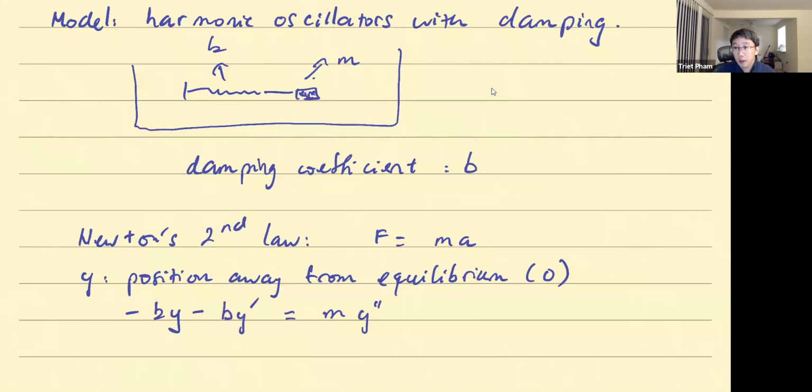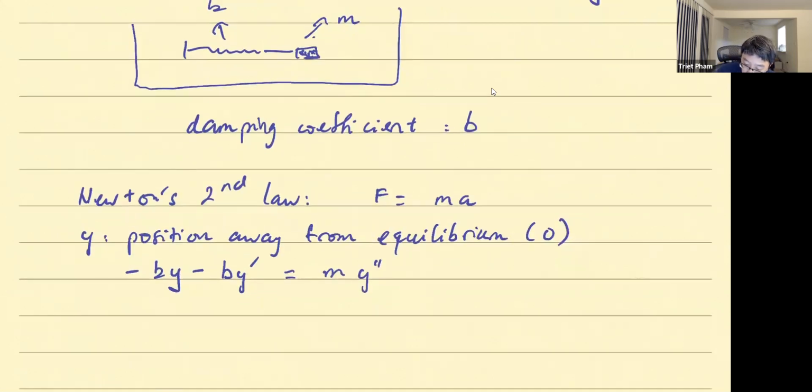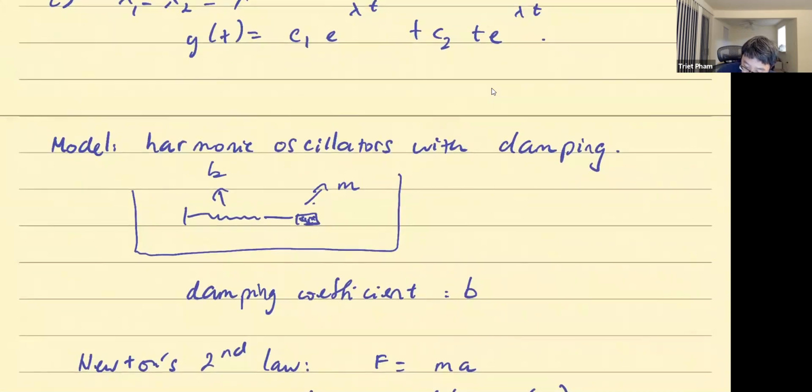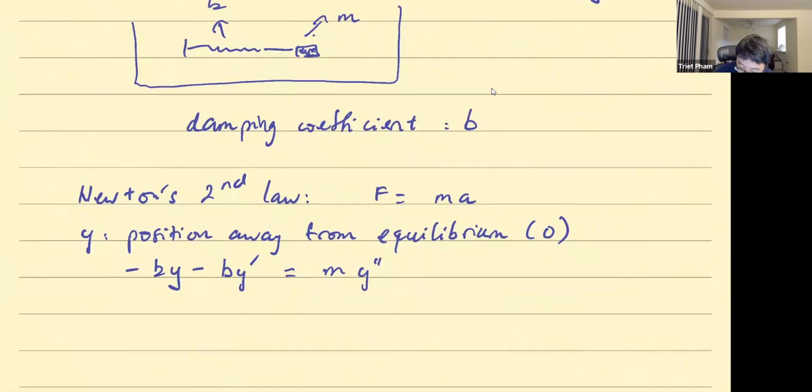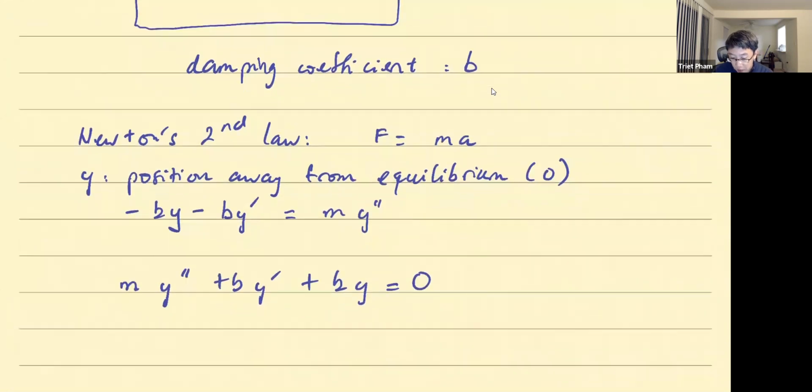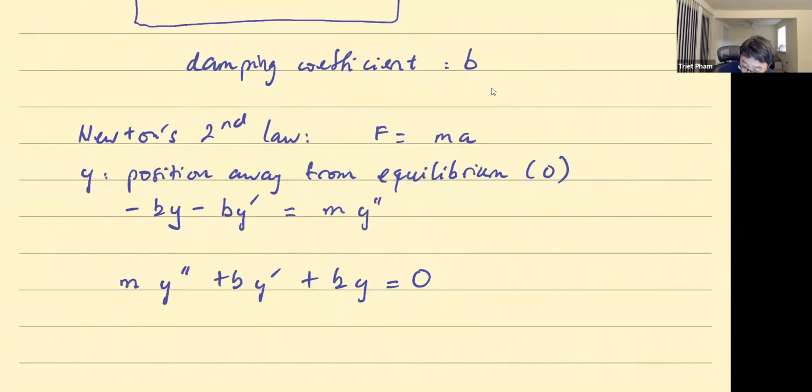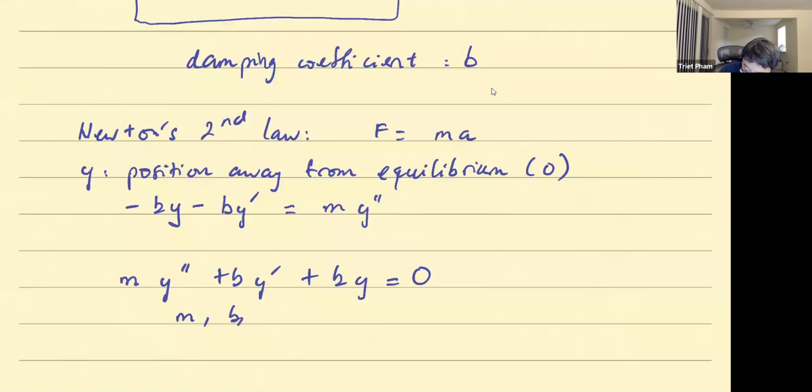Okay. So all in all, the model for harmonic oscillators with damping is basically a second order linear ODE. The special thing is not about it being a second order linear ODE, but that the coefficients M, B, and K are all positive.